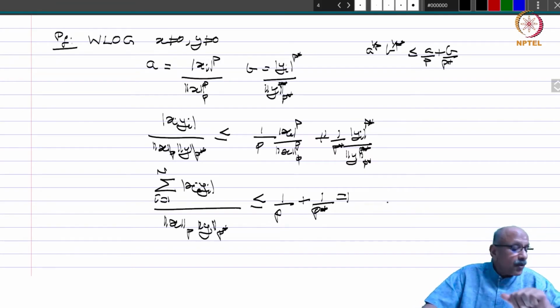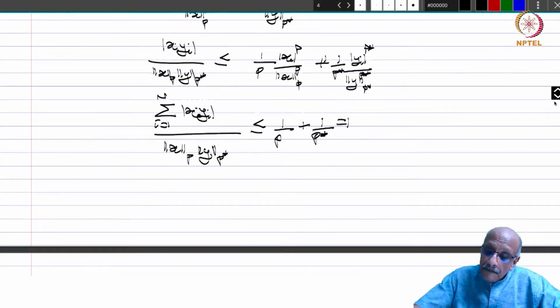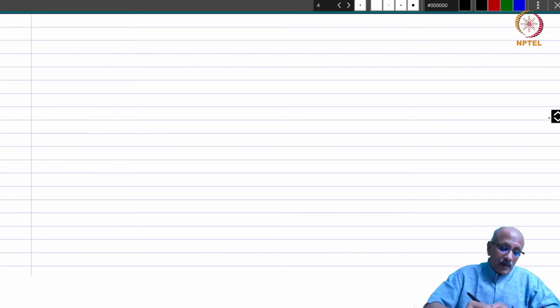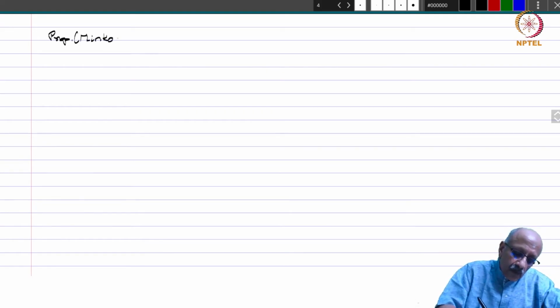Okay, so now we can use this to prove the triangle inequality for the norm x_p. So we go to the next result. Proposition. This is called Minkowski's inequality.